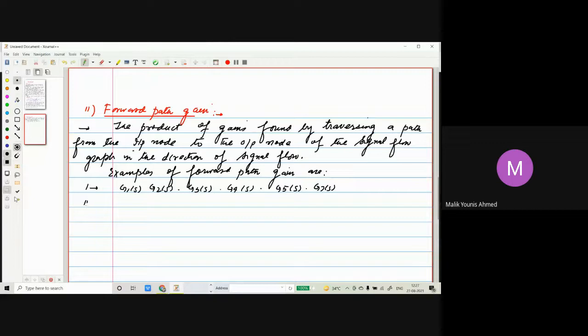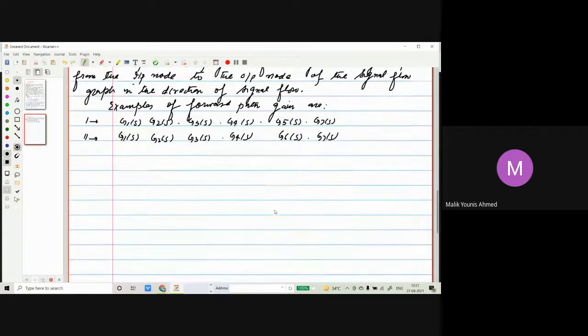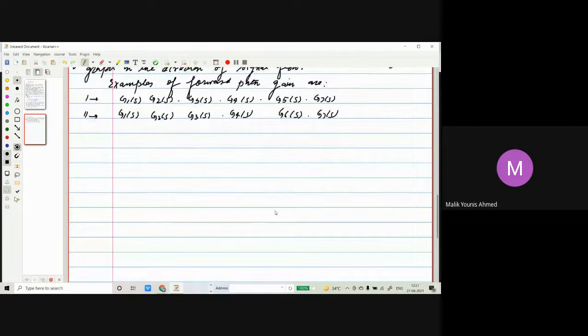Second will involve G6: G1 of S, G2 of S, G3 of S, G4 of S, and then here we will have G6 of S, and G7 of S will remain as it is. So it is very clear this is a forward path gain. You have to remember this is a forward path gain.